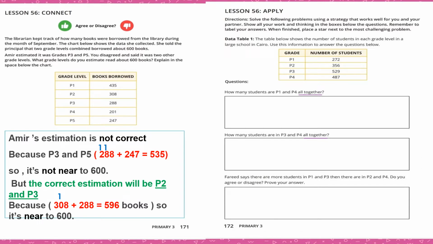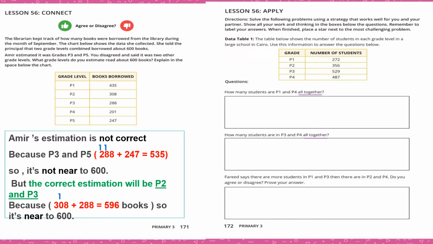The first column is about the grade 1, 2, 3, and 4, and the second column, number of students. Primary 1 has 272, primary 2 has 356, primary 3 has 529, and primary 4 has 487 students.